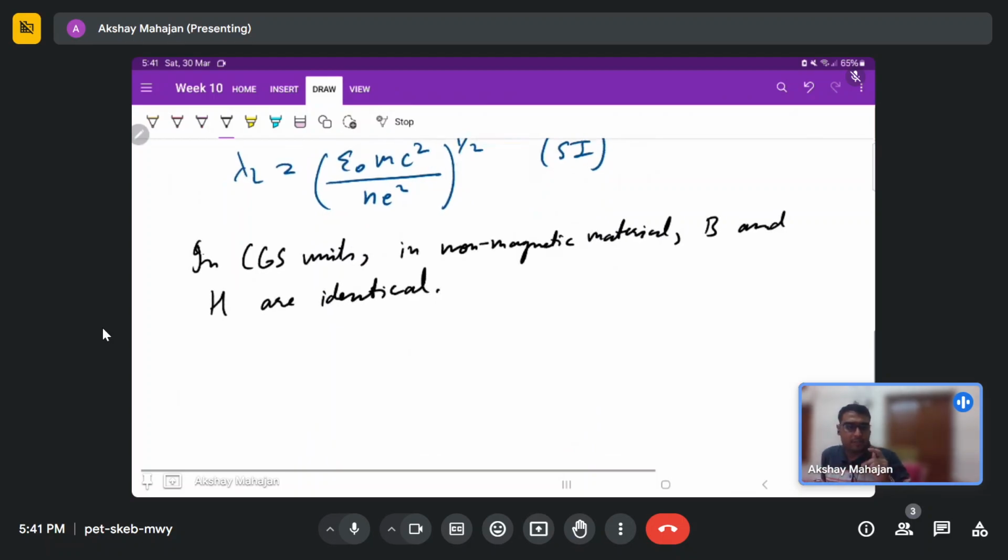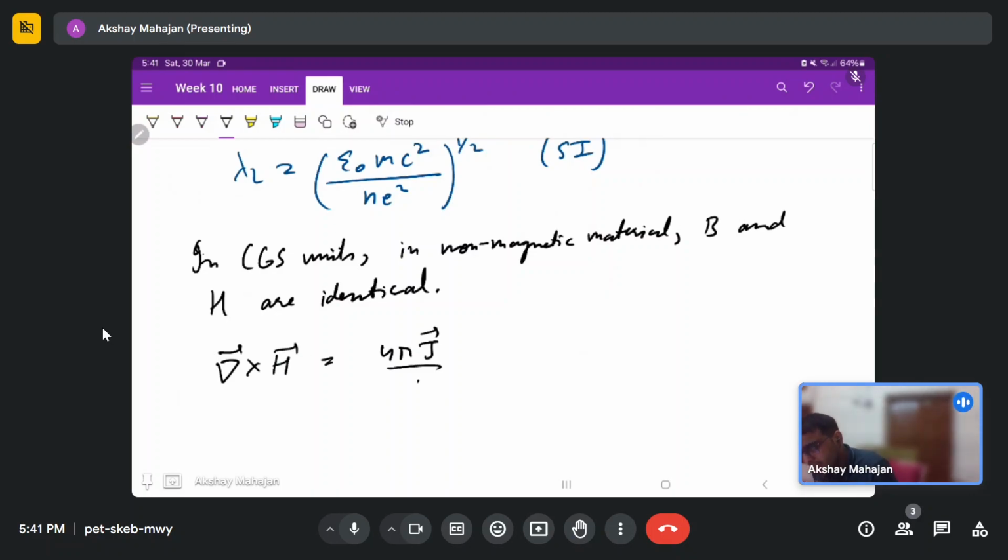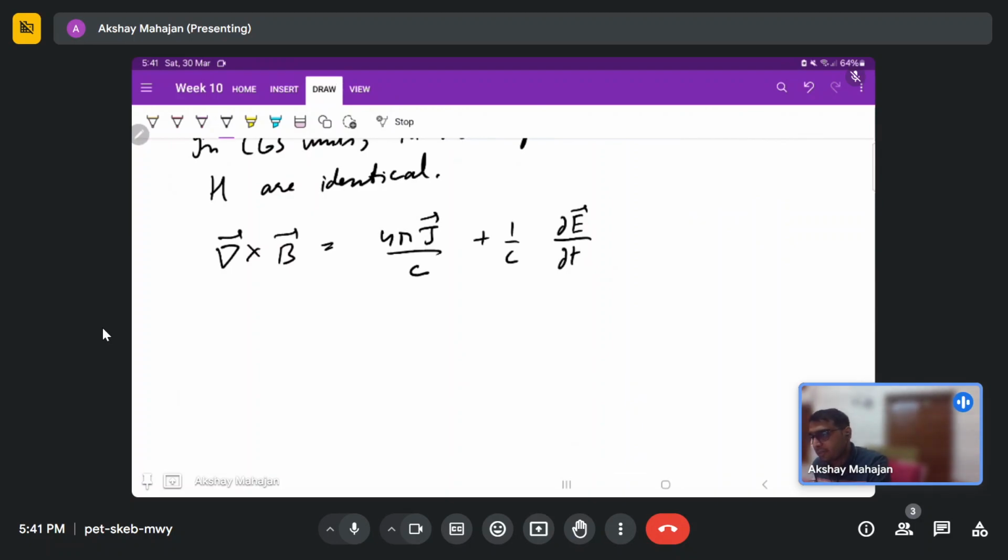Otherwise there will be a factor of mu when we convert from B vector to H vector. I am writing this because in these equations, instead of B vector we actually write the H vector. The curl of H vector is given by 4 pi times J vector by c plus 1 by c del E vector by del t. But since in the CGS units H and B are the same, I will just replace this H by B.